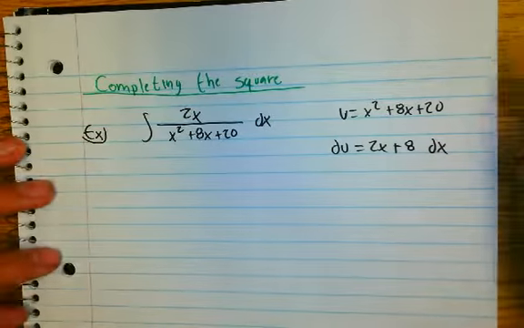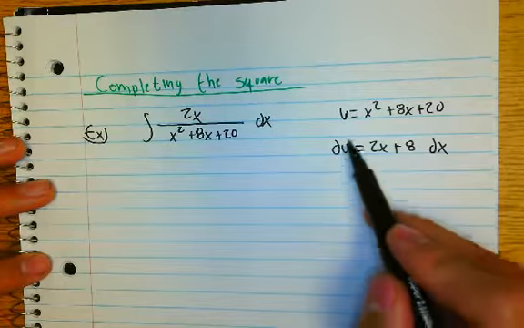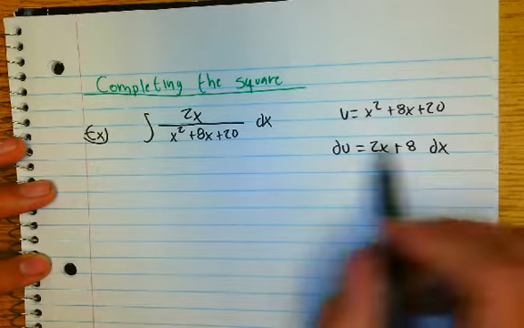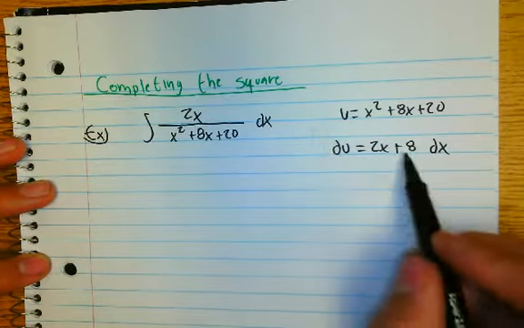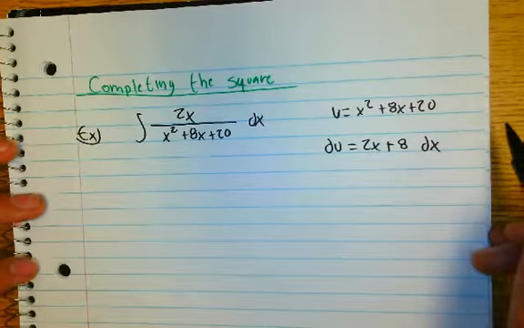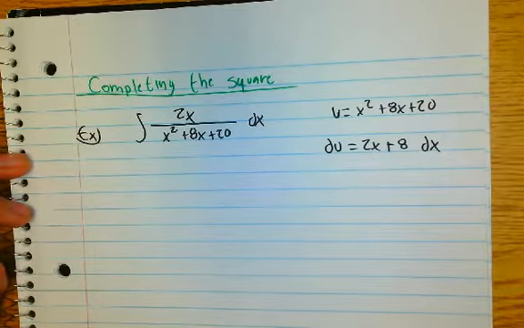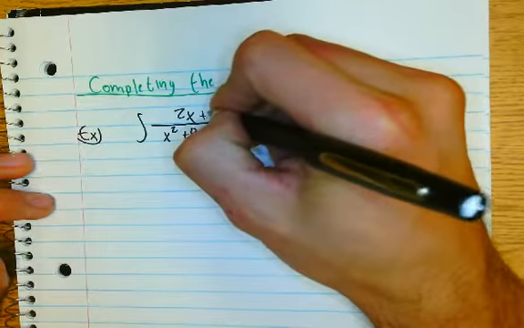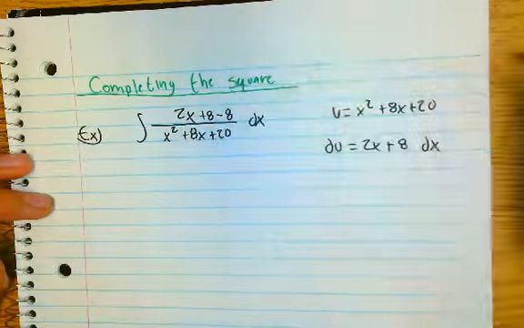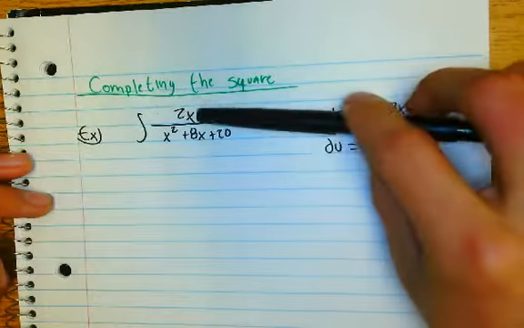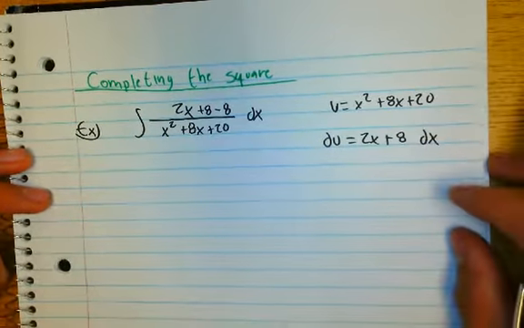Well, in order for me to make this replacement, notice how I can make this entire denominator be u. But in order for me to make this change of 2x dx, I need to have a plus 8. So in order to include the plus 8, I cannot change the entire expression. So I'm going to add 8, but also subtract 8. Because if you add 8 and subtract 8, it's like it was never there, and you haven't changed the expression at all.